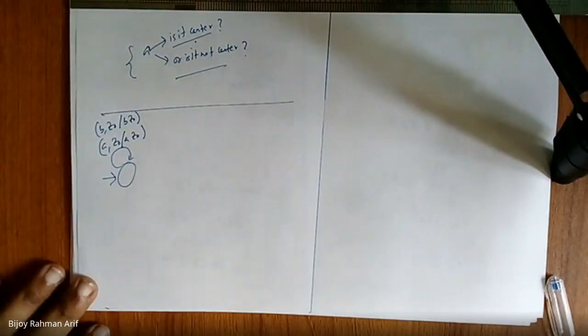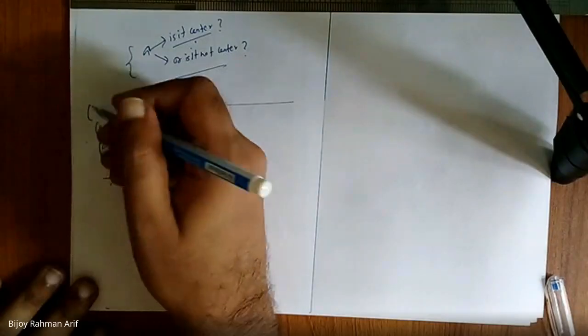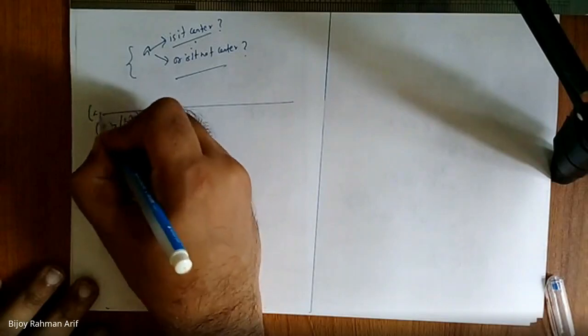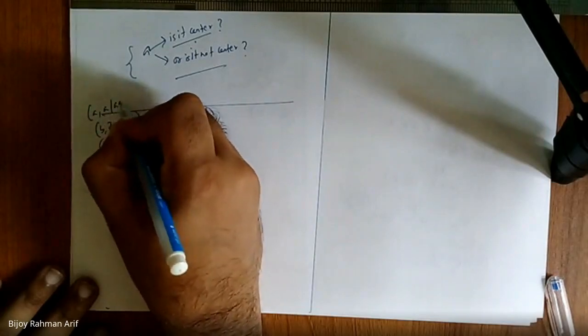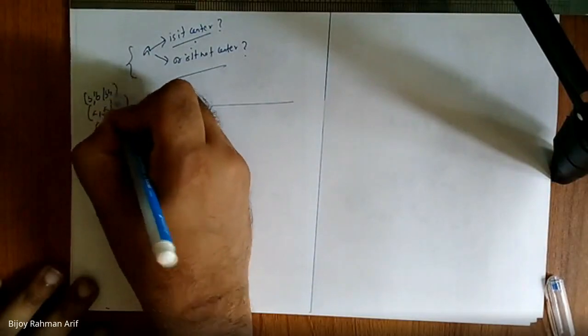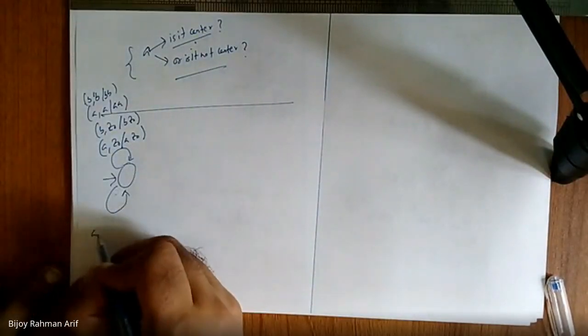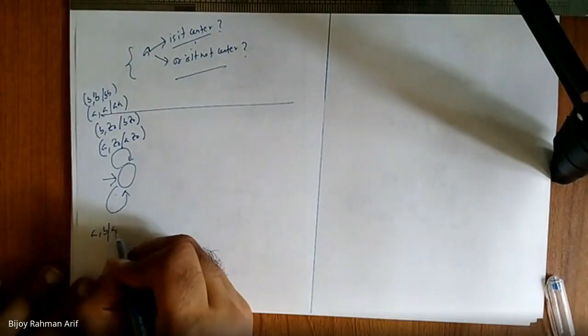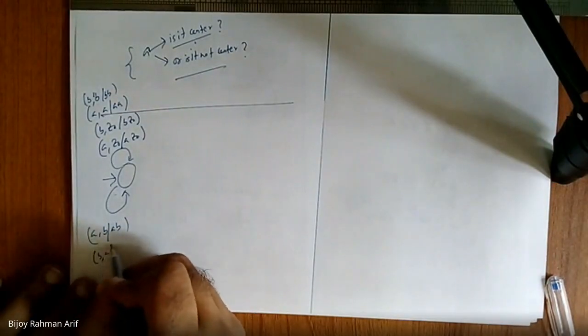Then checking: is it the center? If it is not the center, we'll keep pushing. So what would be the entries? A, A, A, A, B, B, B, B, A, B, A, B, B, A, B, A.